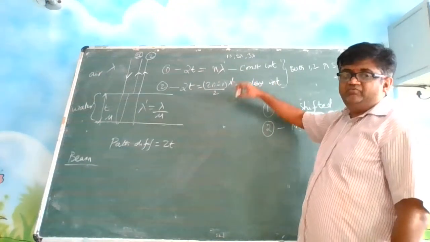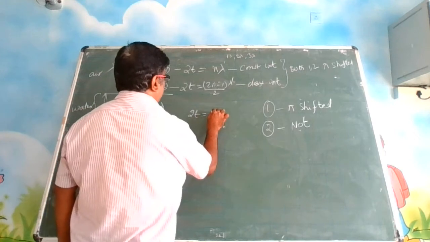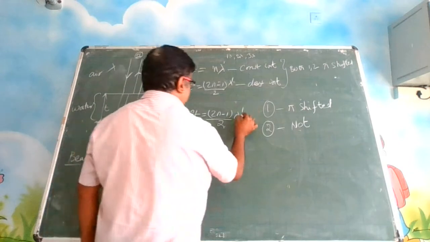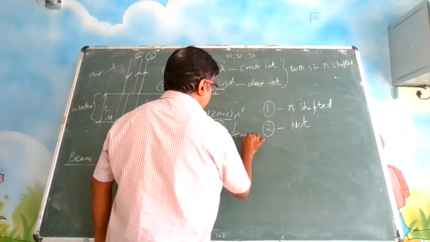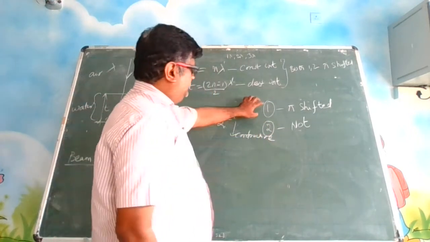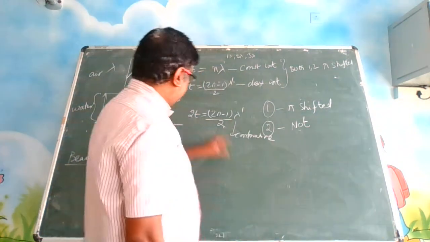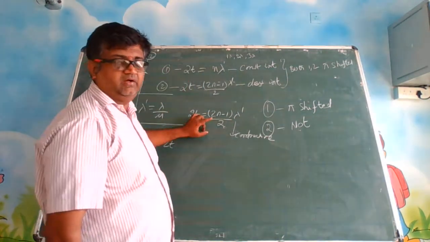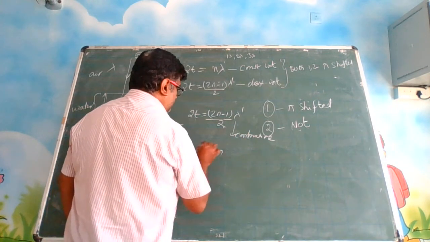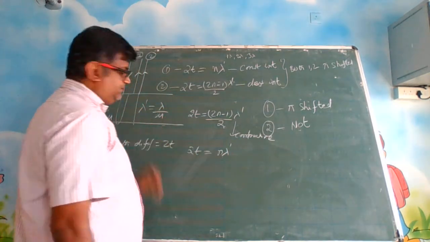It will become flip flop. तब constructive में क्या लिखेंगे? 2t is equal to (2n minus 1) by 2 into lambda dash. ये constructive हो जाएगा, reverse हो जाएगा. कब होगा? जब 1 2 में कोई एक ही pi shift हुआ, दूसरा नहीं हुआ, तब ये flip हो जाएगा. And यहां पे destructive क्या होगा? 2t is equal to n lambda dash. What is lambda dash? Lambda by mu.